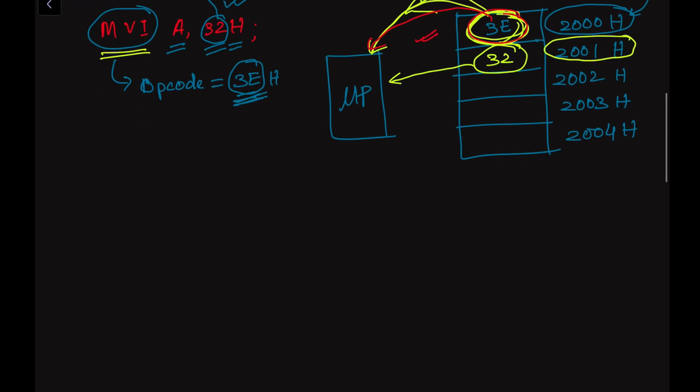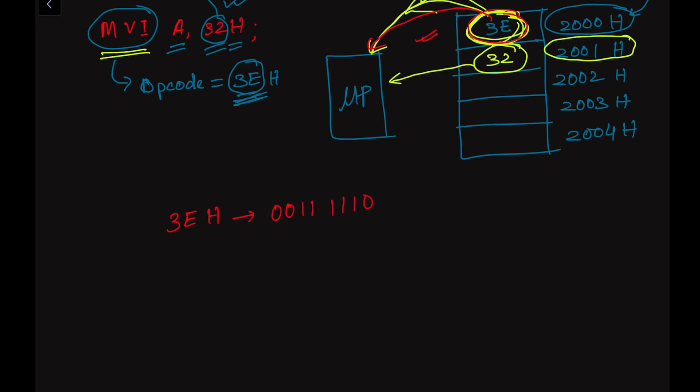So here 3EH, what will be the machine code? This is one hex code and this is the opcode. So what will be the respective binary number? 3 will be represented as 0011. We have to represent each hex digit in 4-bit binary form. Okay, so E is nothing but 14, so this is 1110.